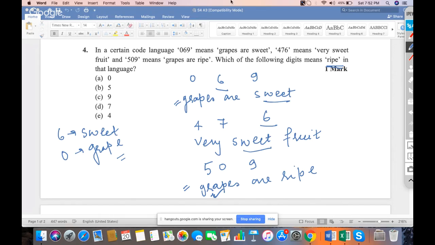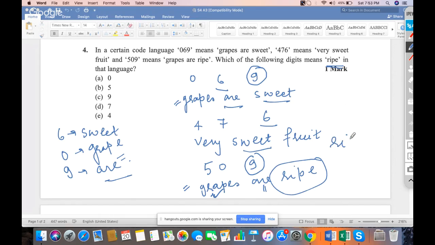Now, you try to understand 9 has been repeated here, and 9 has been repeated here also. And what is the word common? Word common is R. So for R, I will write 9. So for ripe, what comes? For ripe, it becomes 5. So 5 is the right answer.